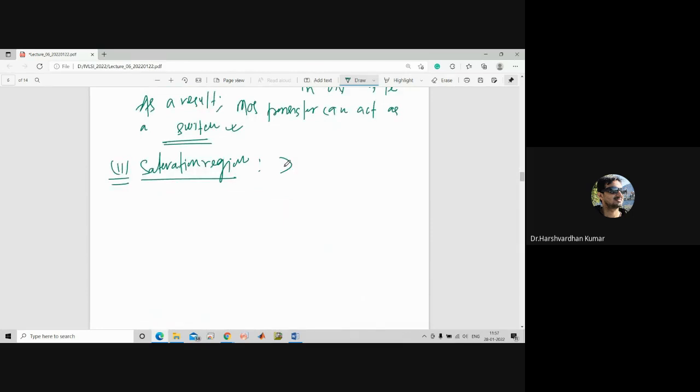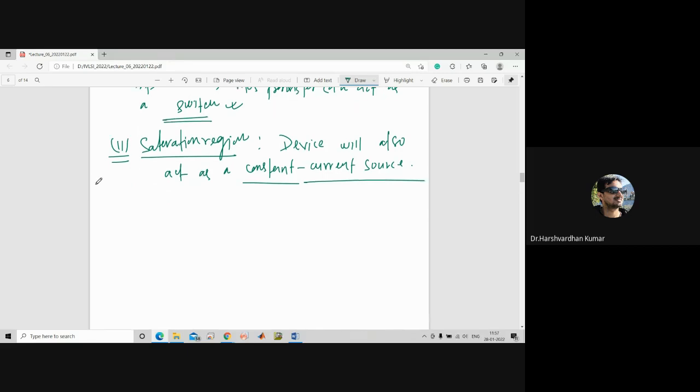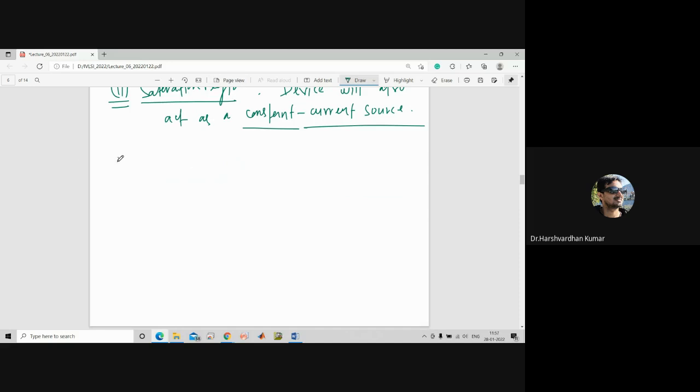The device will also act as a constant current source. So this is the second application you can observe. The device will also act as a constant current source, but in which region? Saturation or active region.